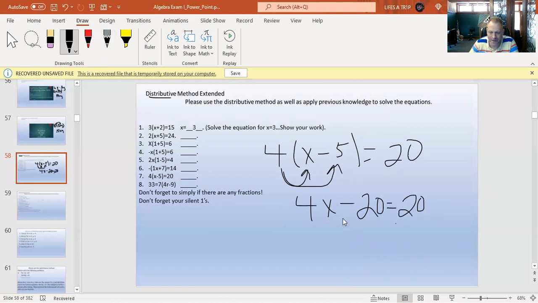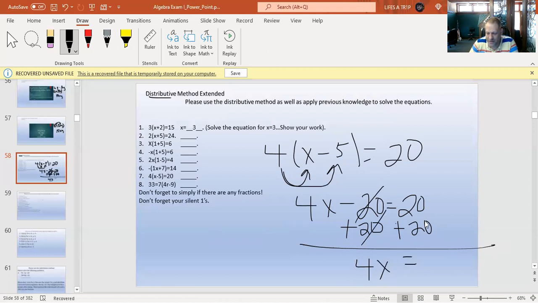Okay. So let's do our inverse operations. You can cancel this out, but you can't cancel this, because that's adding both of those. So 4x equals 40, but we still have a 4 attached to that x.